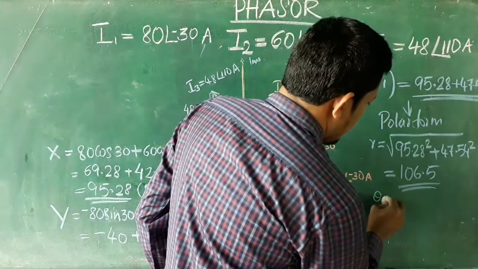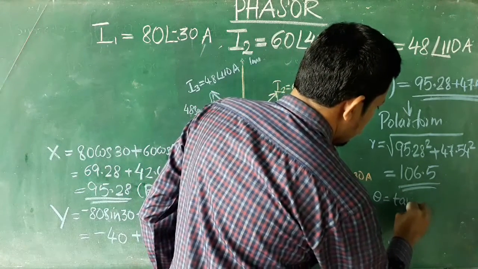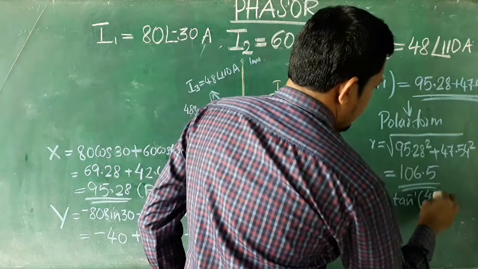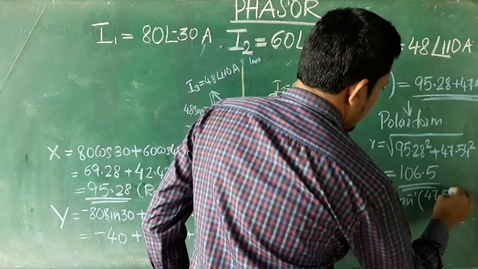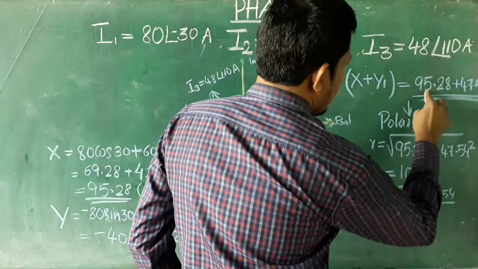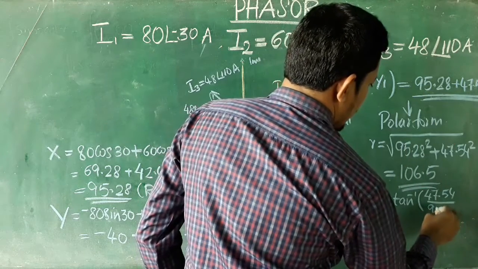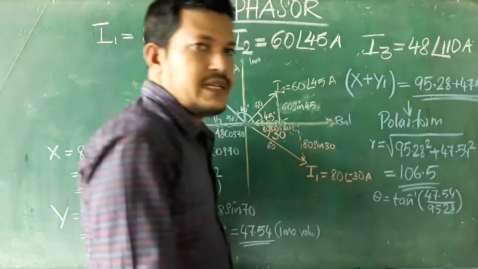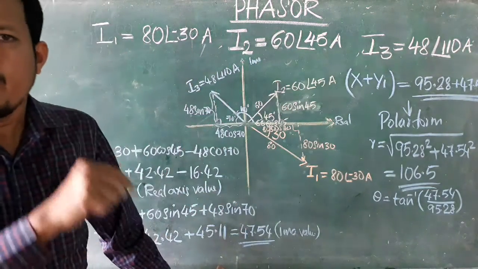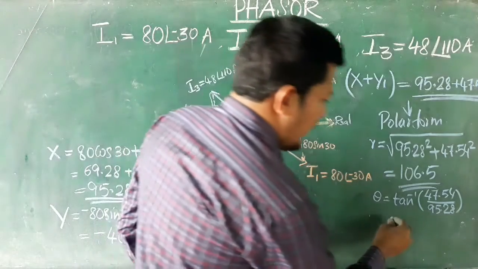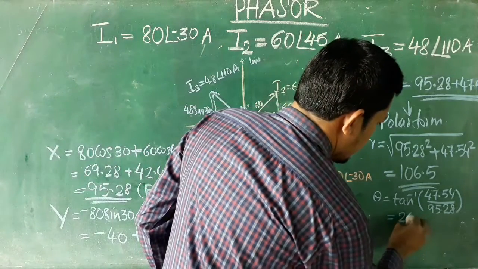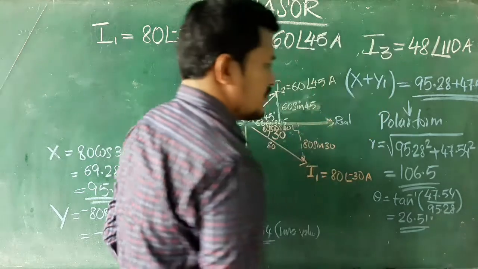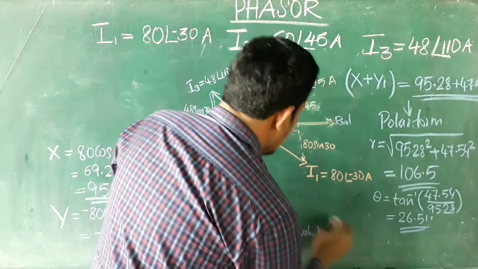So theta equals tan inverse of the imaginary part 47.54 divided by the real part 95.28. While doing the calculation, we will get 26.51 as the angle. So the angle is 26.51 degrees.